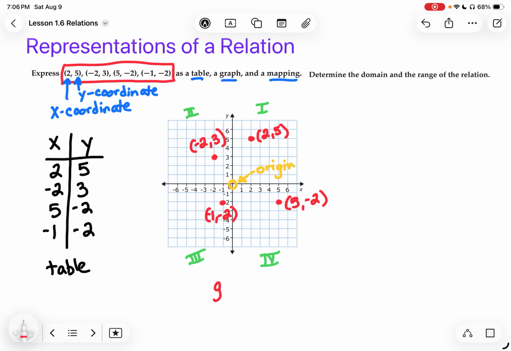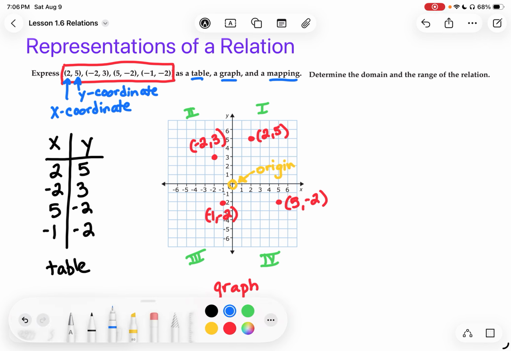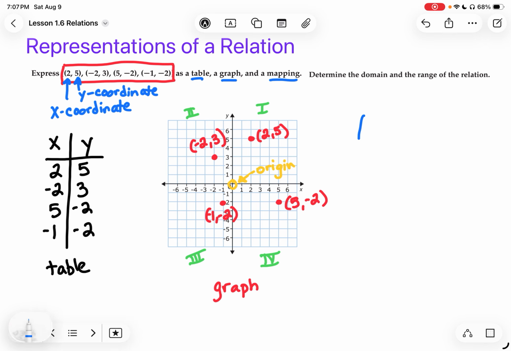And so now we've done a graph of our relation. Right there, there's our graph. And then the last representation we're going to do is our mapping. And you may not have seen a mapping before. It's very similar to a table in that we have one section for x's and one section for y's. We draw these sort of oval looking shapes.